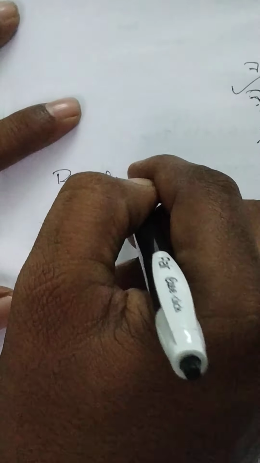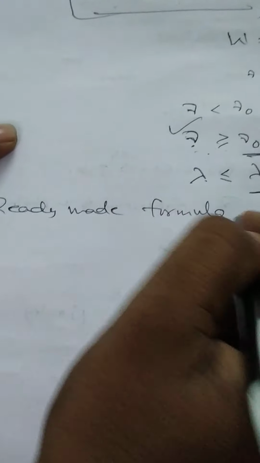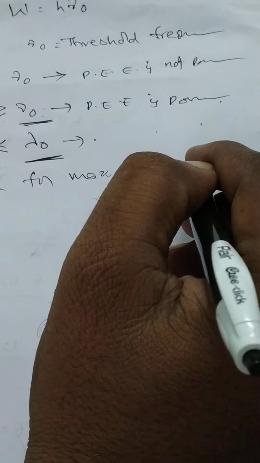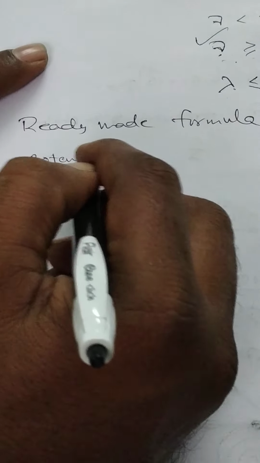Now, what is the ready-made formula for maximum KE and stopping potential in case of photoelectric effect?